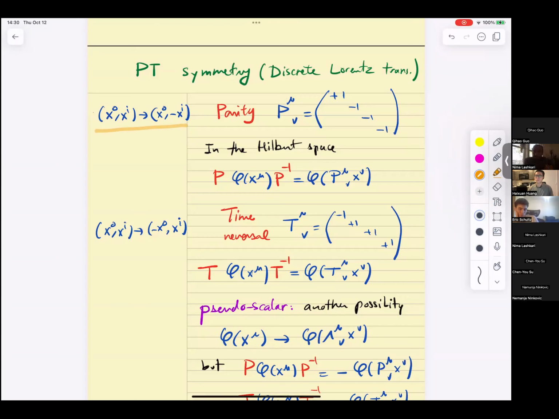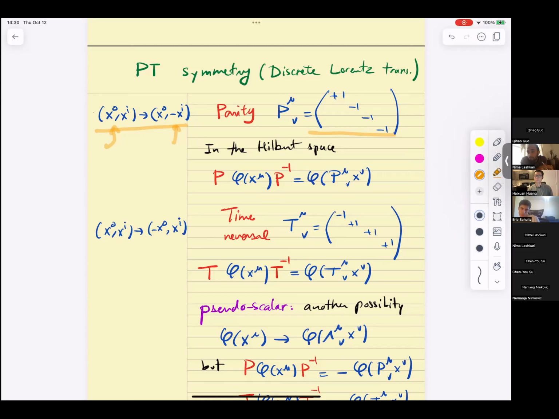Now, let's look at parity first. If I'm splitting my x mu into x0 and xi, parity is just putting a minus sign next to xi. So in 3+1 dimensions, it looks like multiplying your x mu vector by the following matrix. Hopefully it's clear that this generates a Z2 group, because if it's an element of the group, you square it, you get identity.